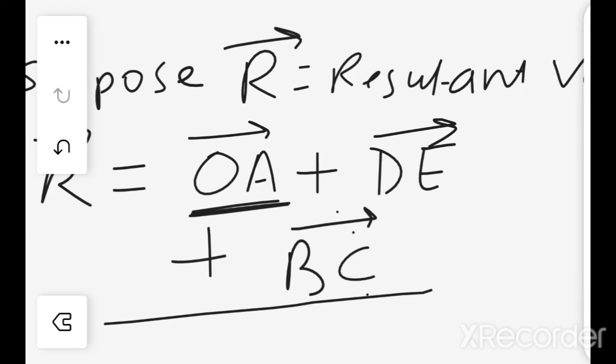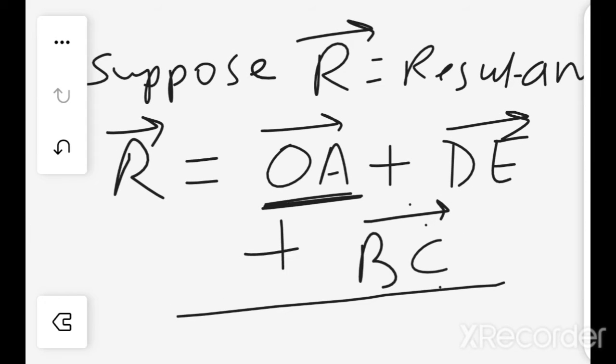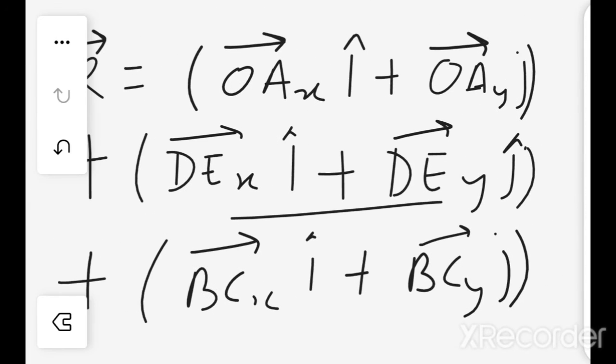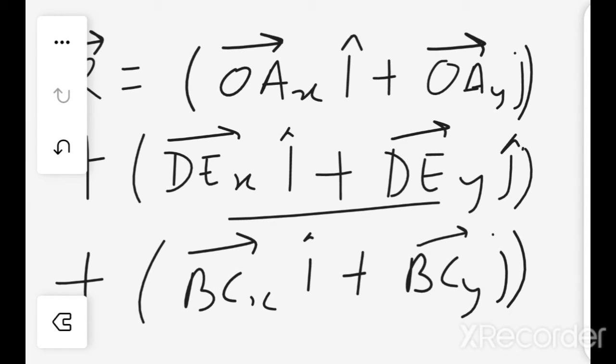So here we need to calculate the resultant vector R, which would be the vector sum of vector OA plus vector DE plus vector BC. These are the given vectors in the problem. We just need to rewrite them in the form of their x component and y component, which I am doing here. So I am writing vector OA as the x component of vector OA plus the y component of OA.